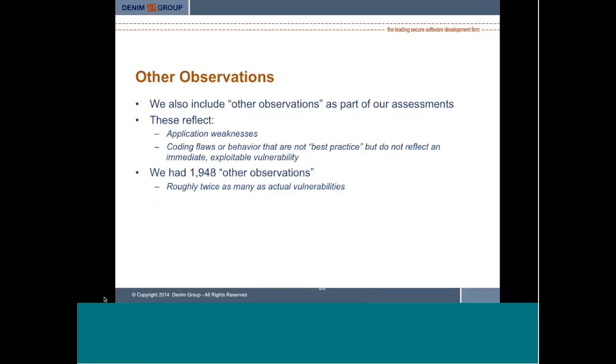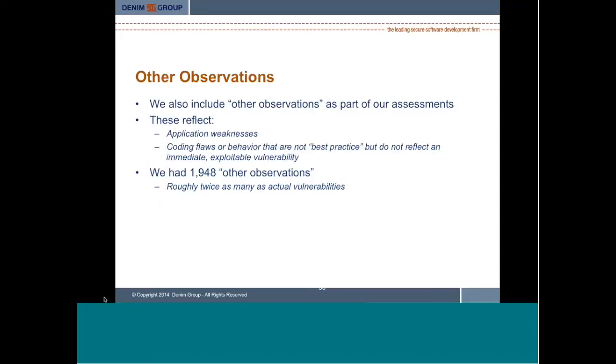Another thing that we include with our assessments are what we call other observations. These typically reflect application weaknesses or coding flaws or behaviors that aren't best practice, but they don't reflect an immediate and exploitable vulnerability. And again, if you changed code around or moved some things around, maybe you'd run into trouble.